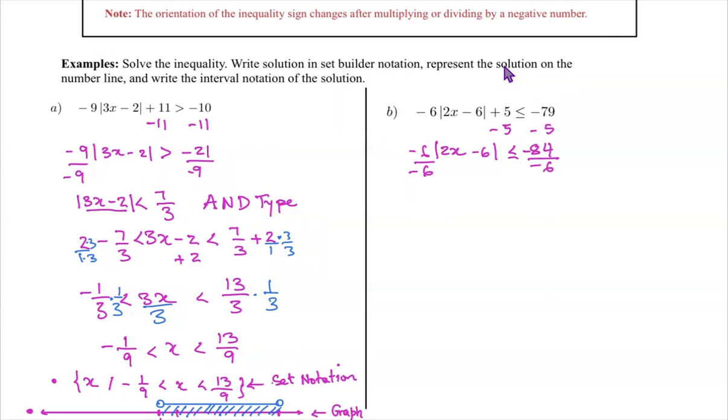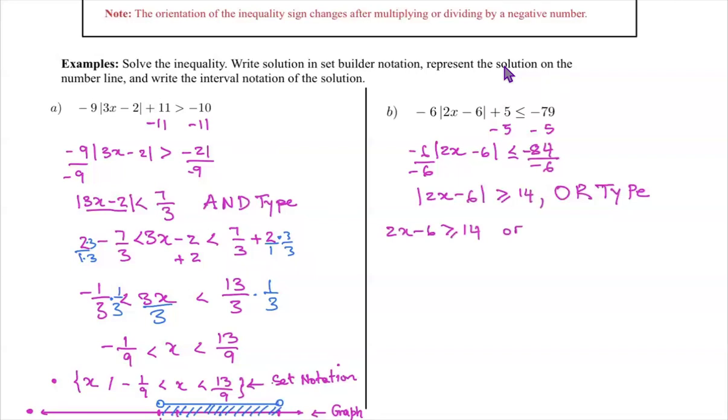So we would get absolute value of 2x minus 6 is greater than or equal to 14. Now we have this inequality. We can tell that this is an OR type. With the OR type, we will create the two inequalities, one by just dropping the absolute value, 2x minus 6 greater than or equal to 14.